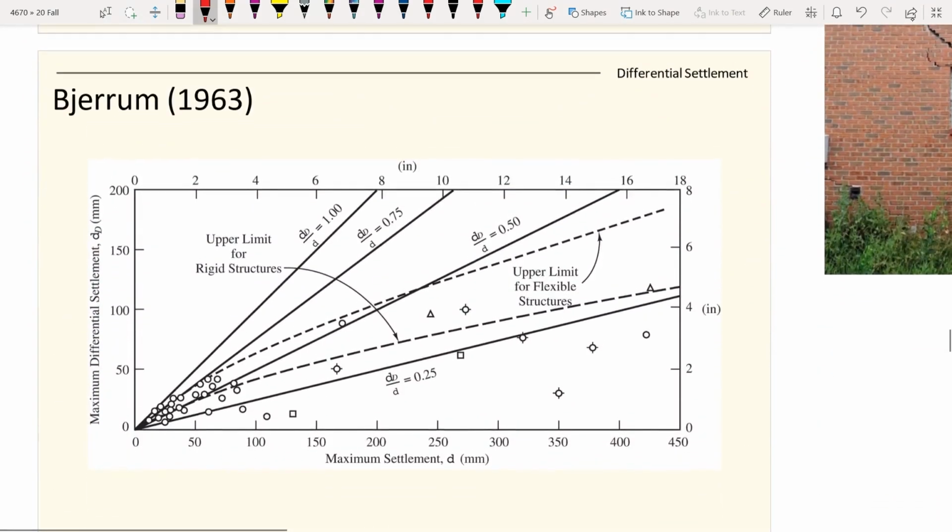This is a design chart put out by a research paper in 1963. For different structures, whether rigid or flexible, you have different guidelines, and your design criteria may have a different ratio to start with. This is based on the performance you are designing for in the first place. Now the question is which reference to use, and that depends on the project.